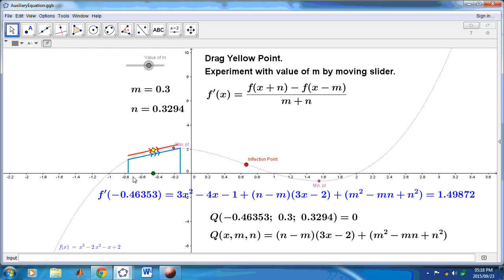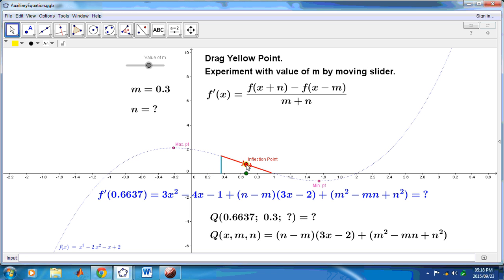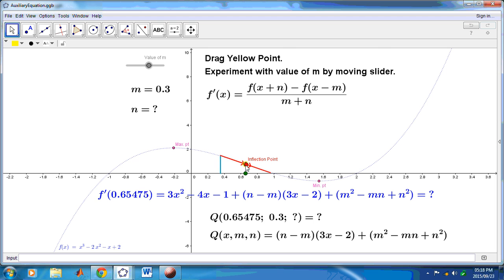This trapezium here really kind of summarizes the whole idea behind the concept, and we can also see what happens as we move this tangent line towards the point of inflection. There's no longer a trapezium there. Okay, when that happens, as you can see, Q here is indeterminable, although that is the auxiliary equation.